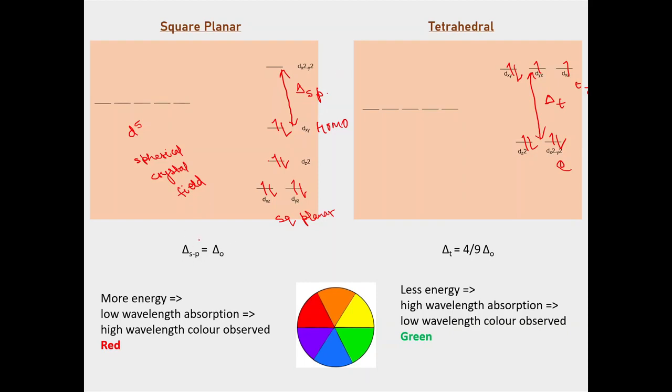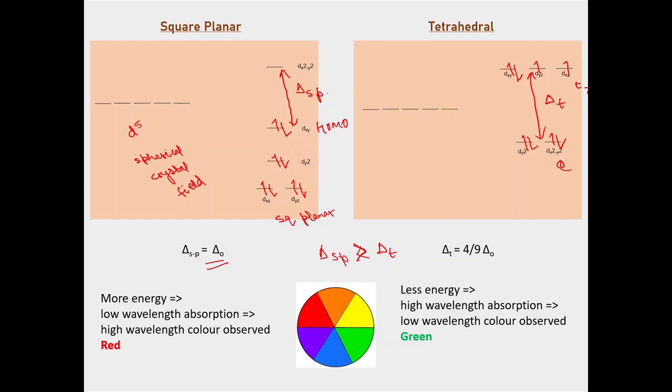Now this crystal field splitting, delta of square planar, is similar to the crystal field splitting observed in octahedral complexes, whereas delta T, the crystal field splitting for tetrahedral, is lower than delta O. It is 4 by 9 times of the octahedral crystal splitting. That means delta SP is greater than delta T, right?